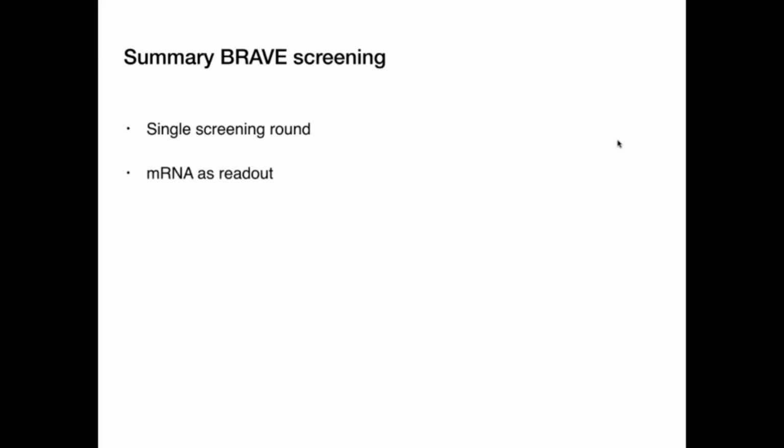We use mRNA as readout, so that means we don't need a lot of infectivity. We can also use the abundance of mRNA as a readout for efficiency of our vector.